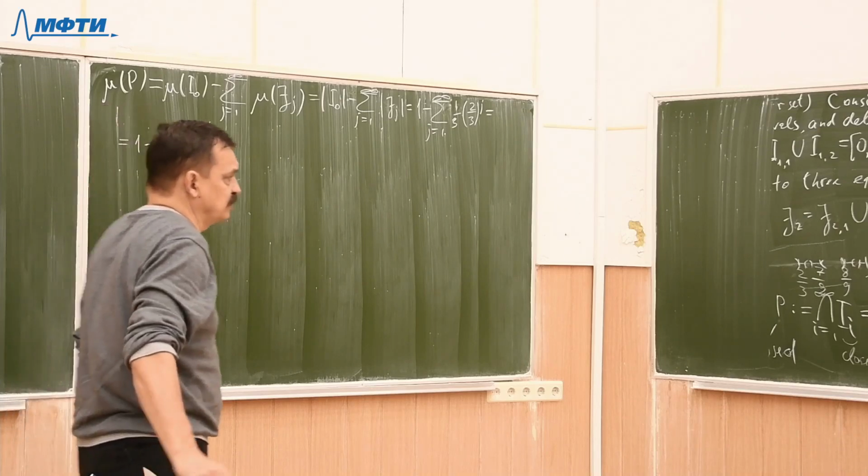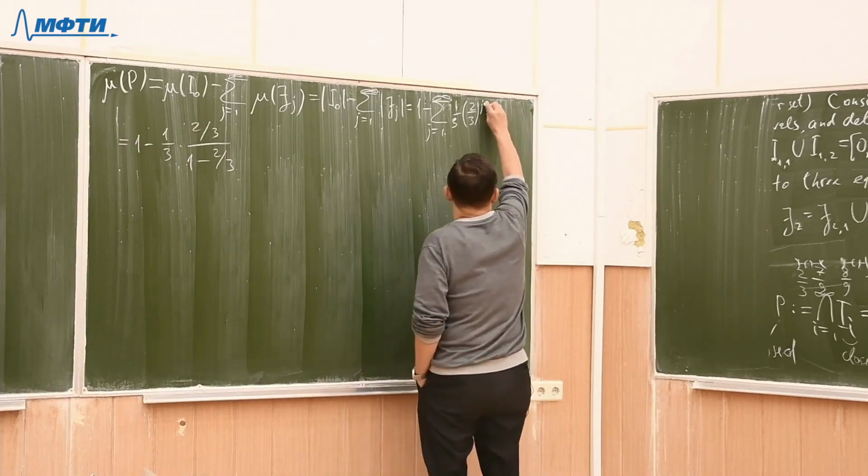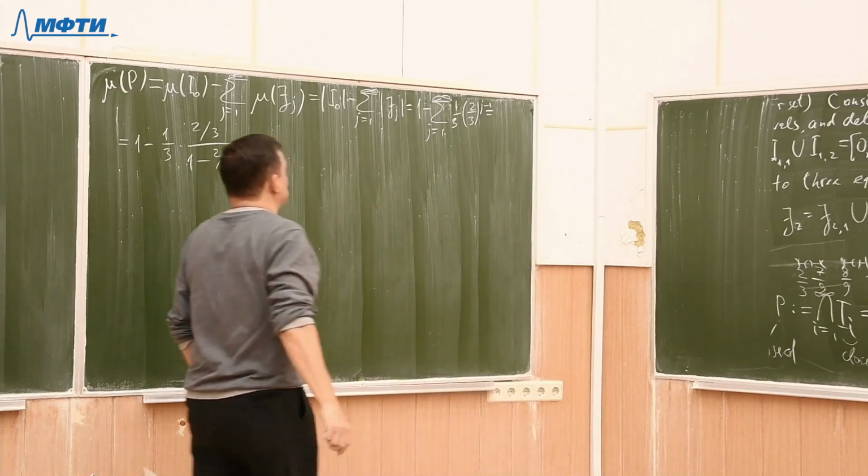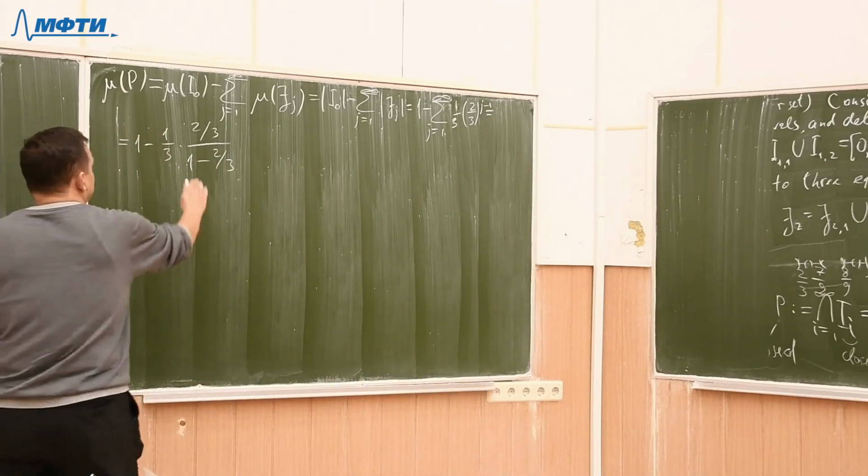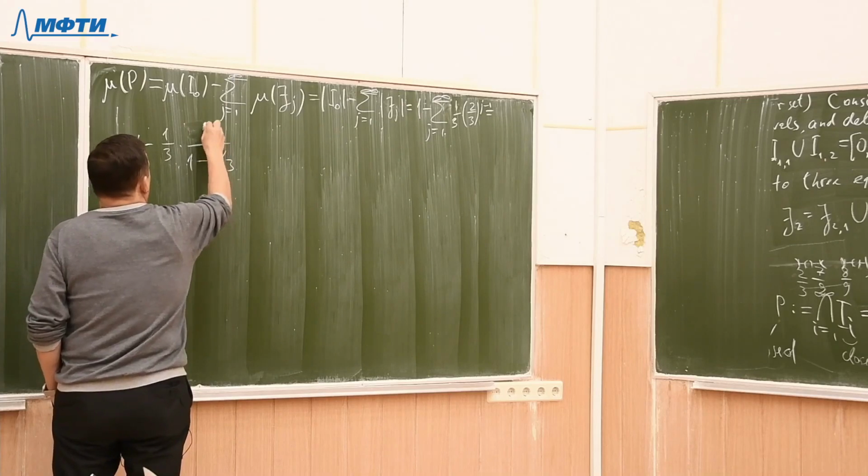Oh, sorry, j minus 1. No, j minus 1 here. Yeah, j minus 1. So, yeah, then we start with 1 here.